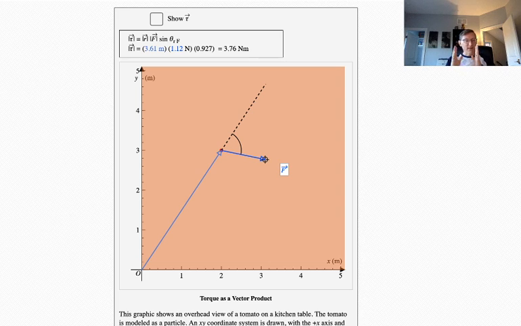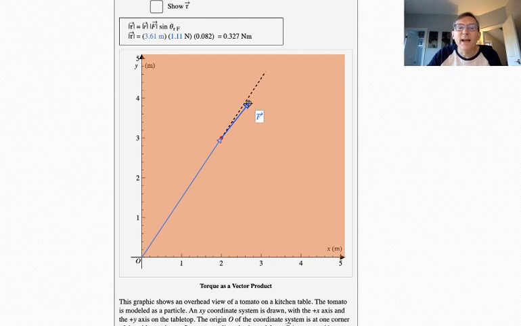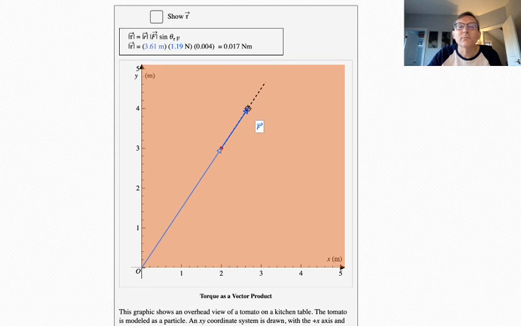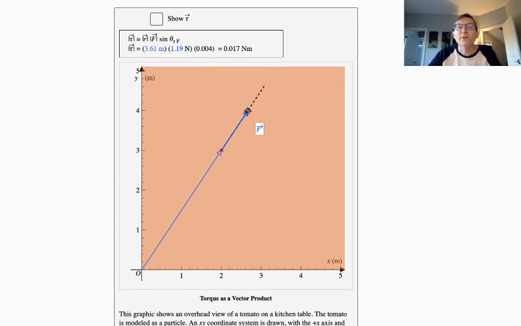Okay, what orientation of R and F, what angle phi between R and F gives us a torque of 0? Remembering properties of cross product, did you say that we need to have R and F along the same direction, parallel to each other? Because then phi is 0, and we're taking the sine of 0, and we're getting 0.